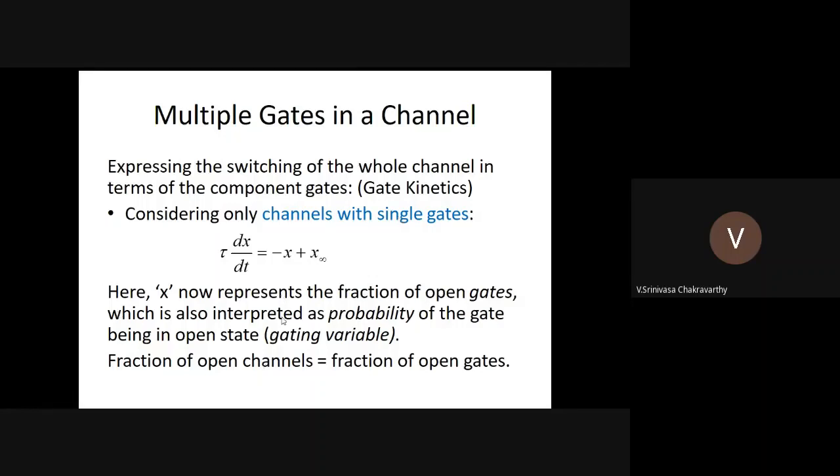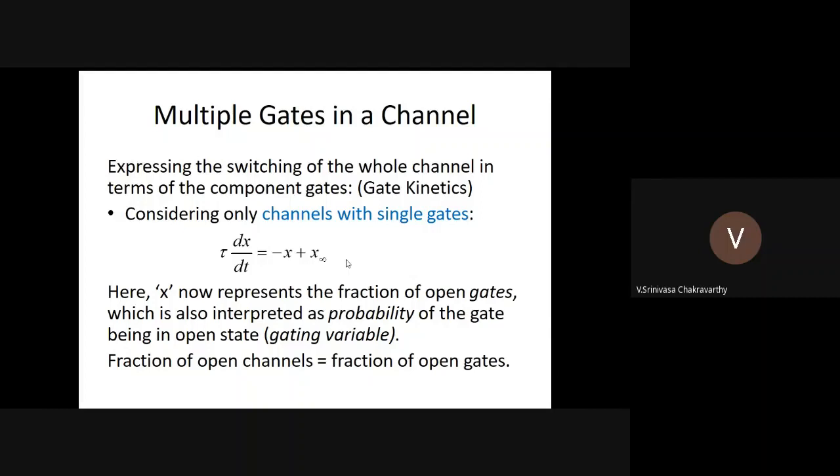But it turns out that using one such variable to describe the entire channel open or close probability is not sufficient. So people invoke this idea that there are these things called gates inside a channel, and each of these individual gates obeys a law like what you are seeing here. That is, tau times dx by dt is equal to minus x plus x infinity.